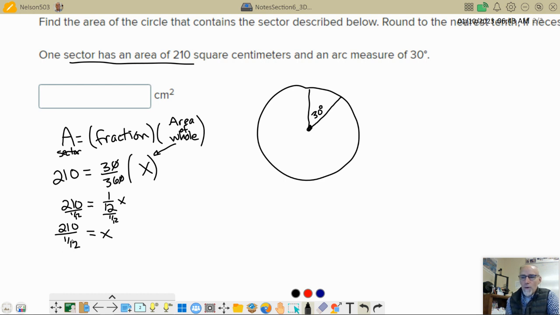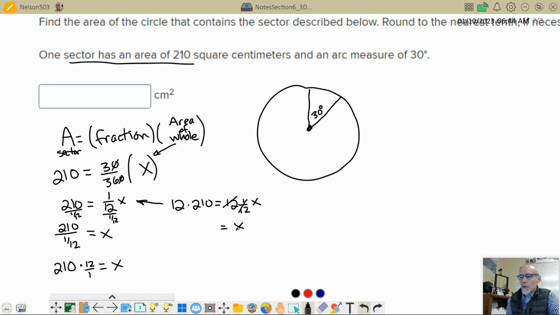When you divide by a fraction, it's the same thing as multiplying by its reciprocal. So I'm going to multiply by 12 over 1, which is just 12. So right here at this step, I could have taken 12 times 210. And then if I took 12 times 1/12, these would multiply out to 1.